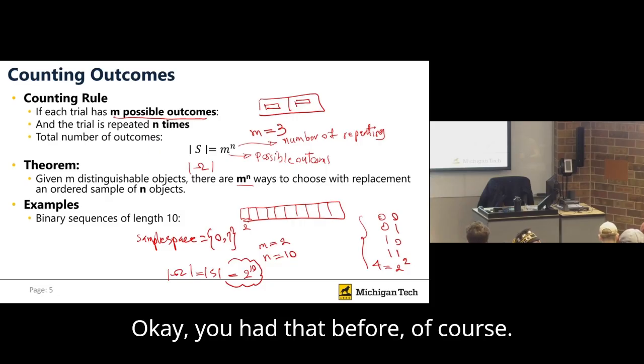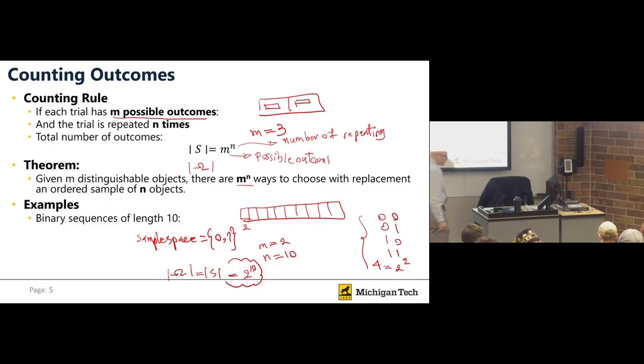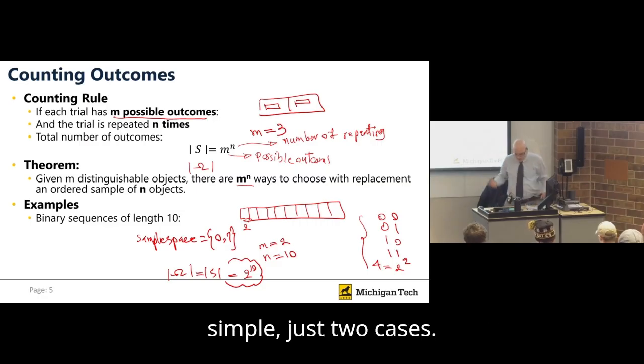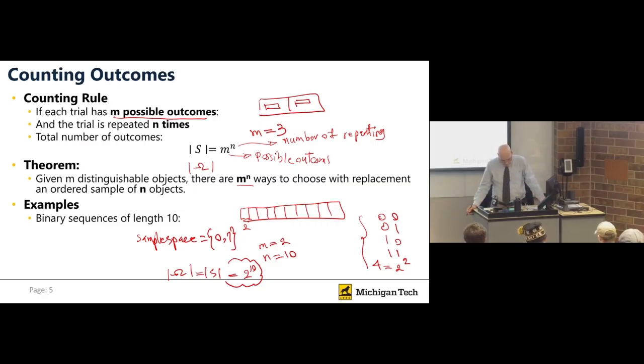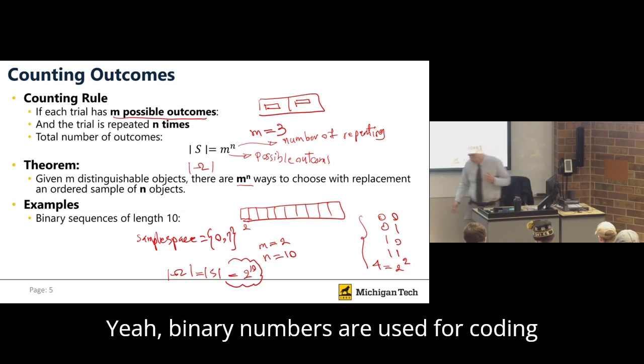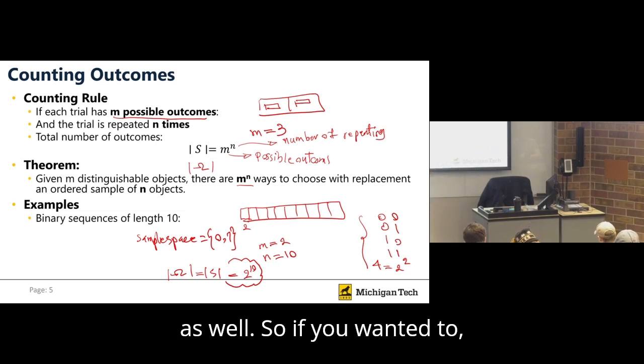You had that before, of course. Because it's binary numbers, it's so simple, just 2 cases, so it's easy to figure out. Binary numbers are used for coding as well.